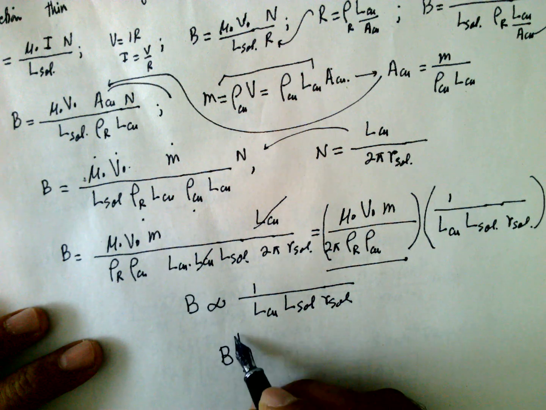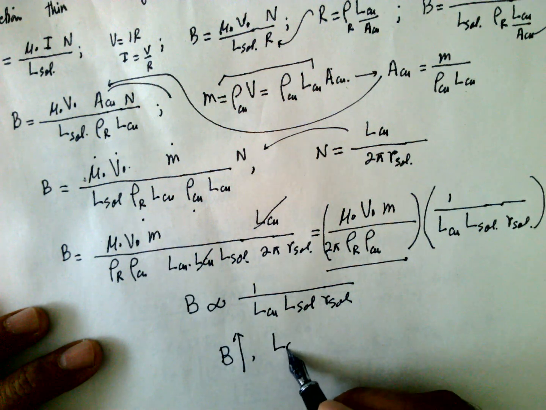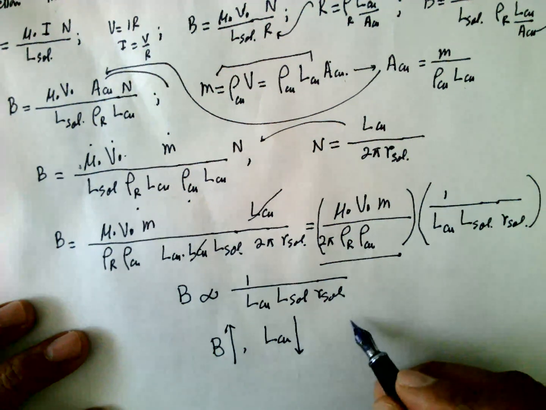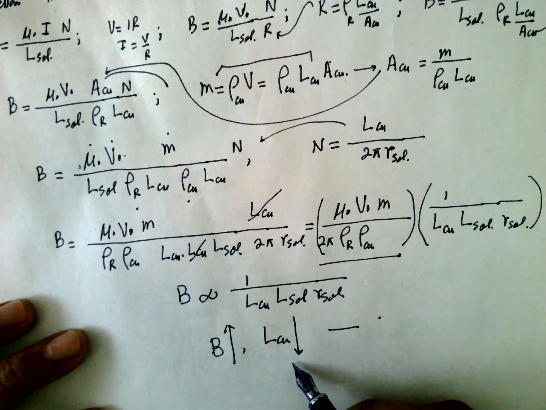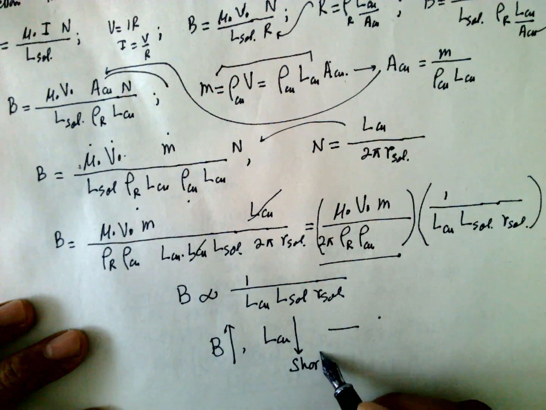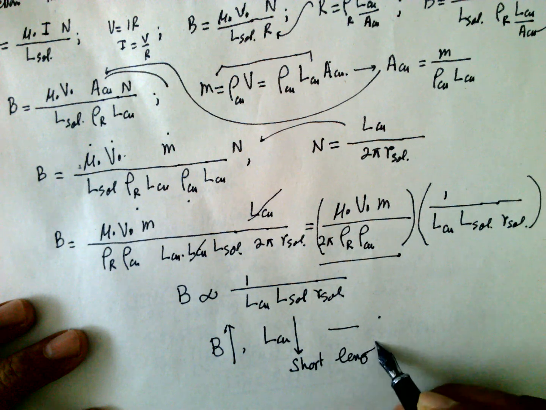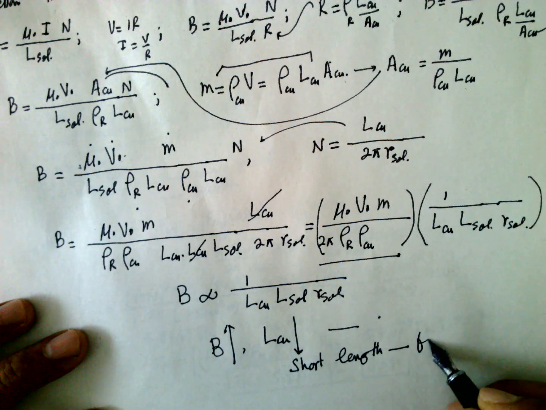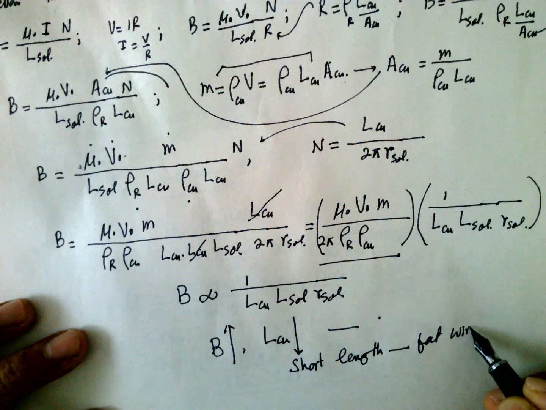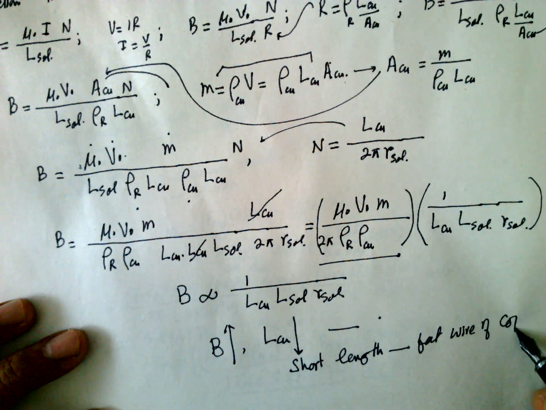So B is greatest when the length of the copper is smallest. So a short length, fat wire of copper.